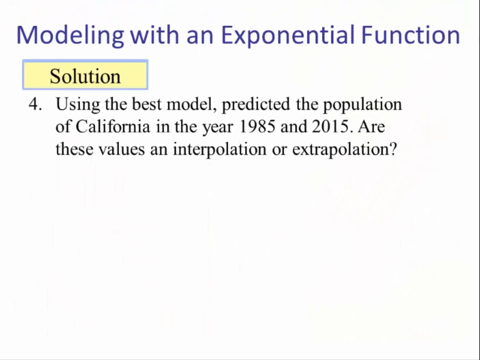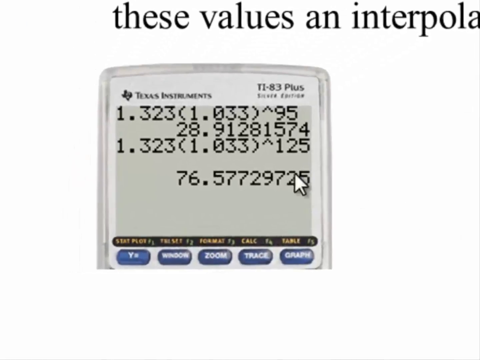Using the exponential model to predict years 1985 and 2015, we use the exponential equation raised to the 95th power for 1985, and we get 28.9, and for 2015 t is 125, and we have an output of 76.58.